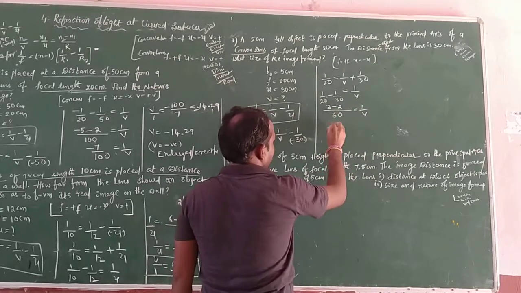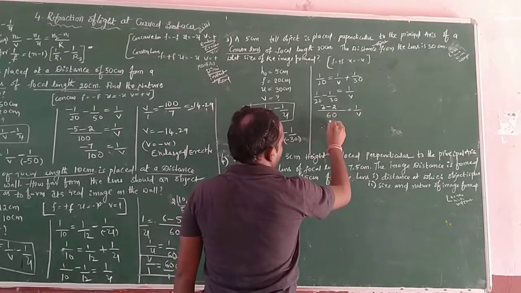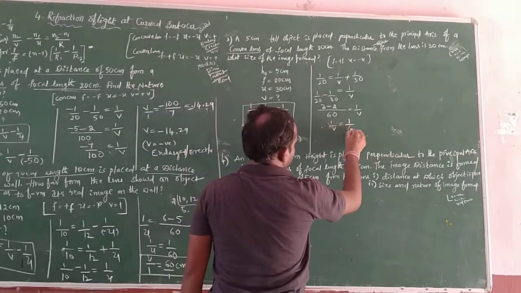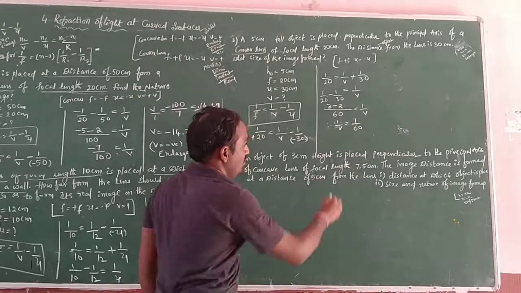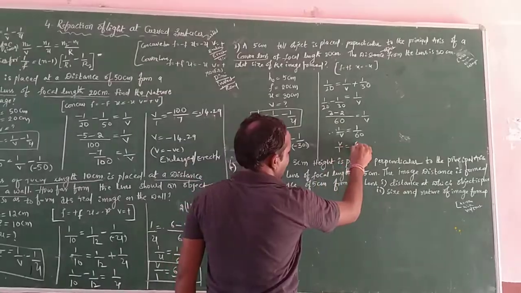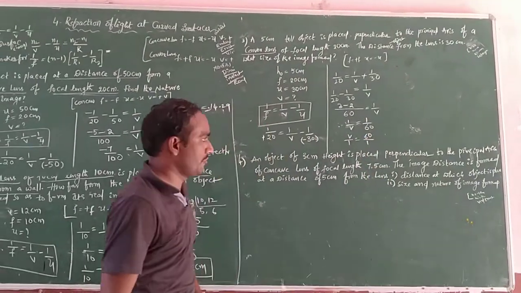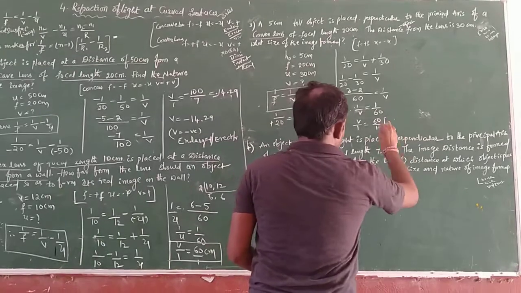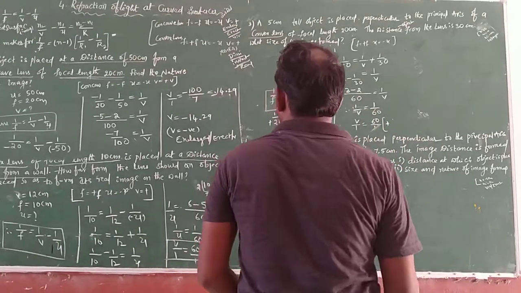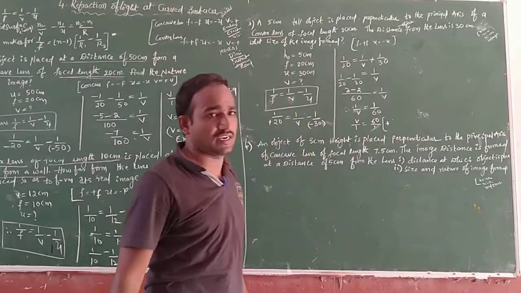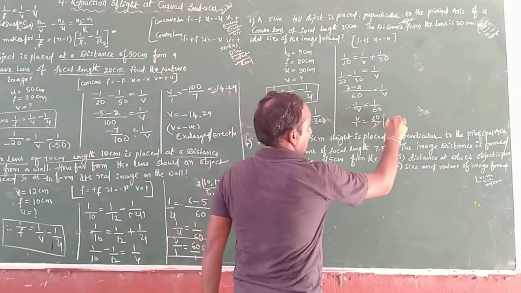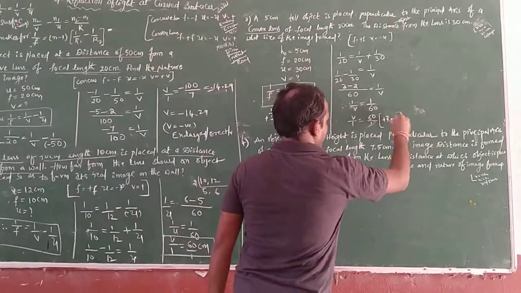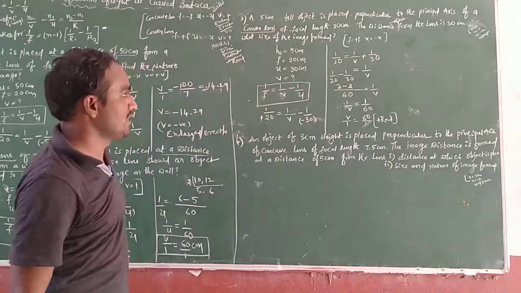So what do we get? 1/v = 1/60. Taking the reciprocal, v = 60 centimeters. We take the v value as positive, so that is a real image. A real image is formed.